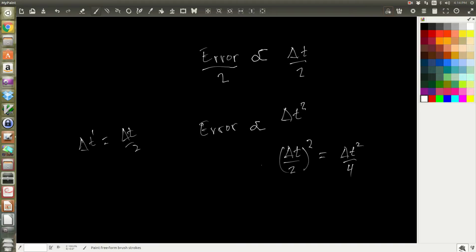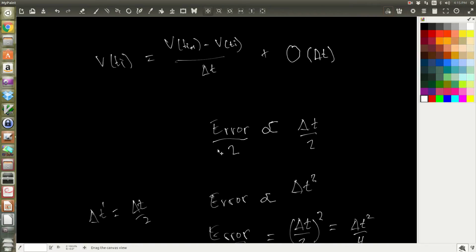So that means our error is going to be reduced by a factor of 1/4. And correspondingly, if our error was order delta t cubed, then we'd expect 1/8 the error when we cut delta t in half, and so on.